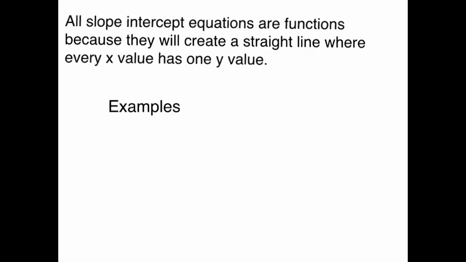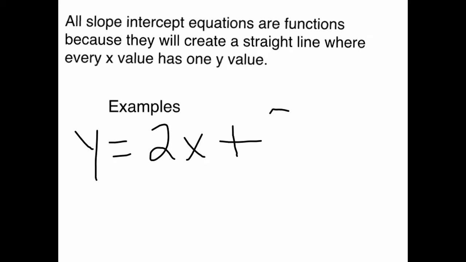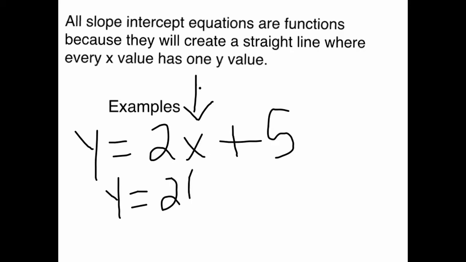Okay, so anytime you see slope-intercept equations, they're always going to be functions because they will create a straight line where every x value has one y value. So for an example, if I had y equals 2x plus 5, I could substitute in a number for x, let's just say 1, and have exactly one y value.